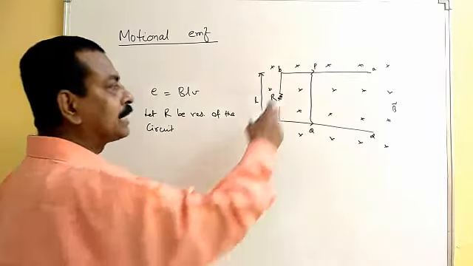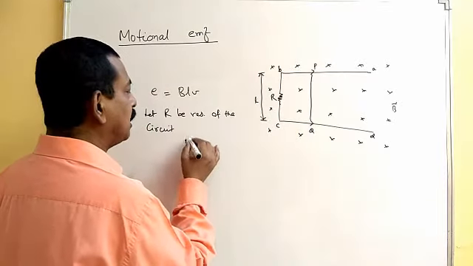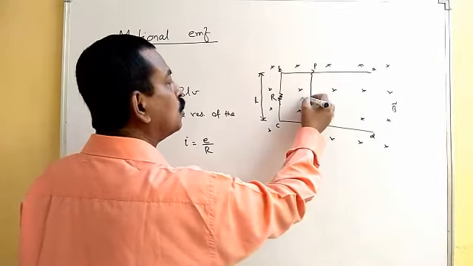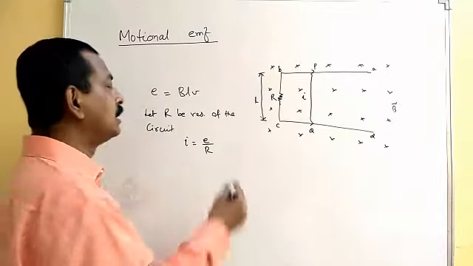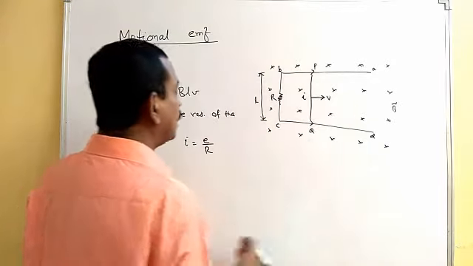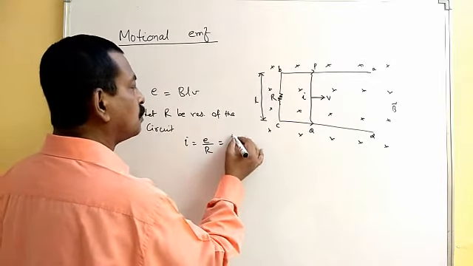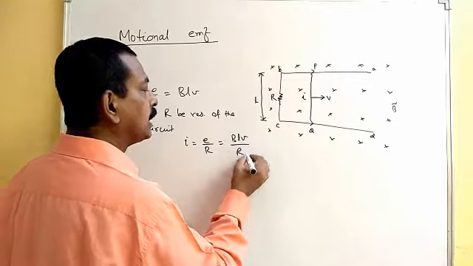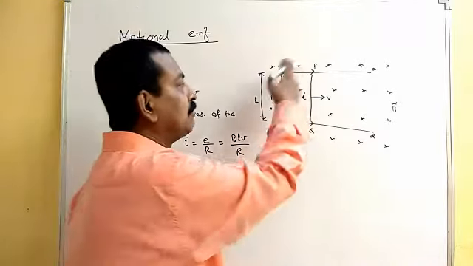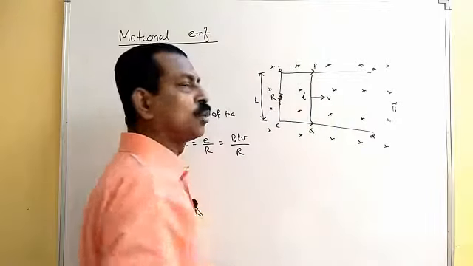In that case, the current which is developed, I, is E by R. So the current is I equals BLv by R. This is the expression for the current which is developed or induced in this closed circuit.